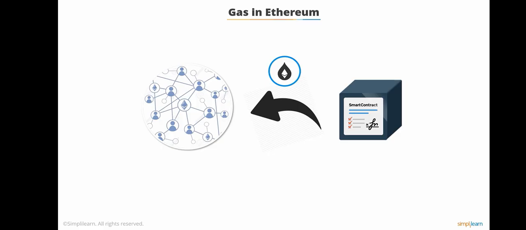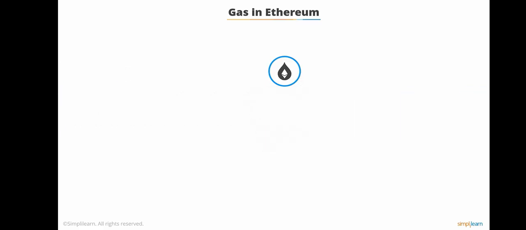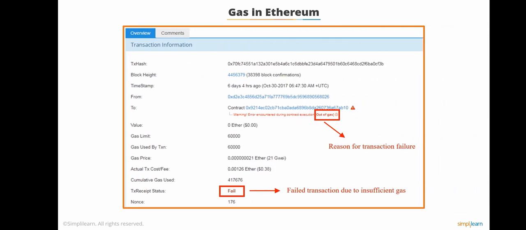This payment has to be made regardless of whether the transaction succeeds or fails. Gas price is expressed in Ether, and the miner decides whether to refuse the transaction process or not based on the expected gas price. One can see their transaction fee in ETH or USD, when searching for the transaction on etherscan.io.